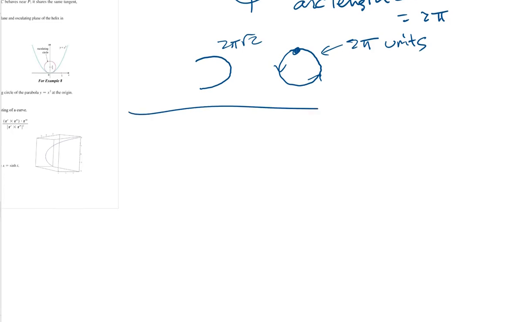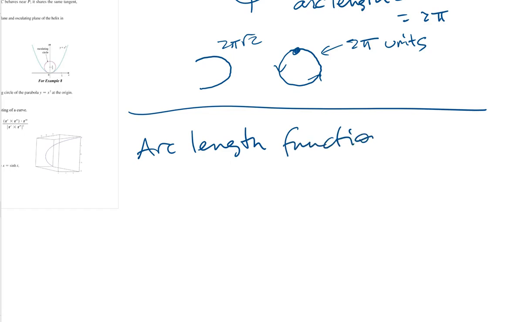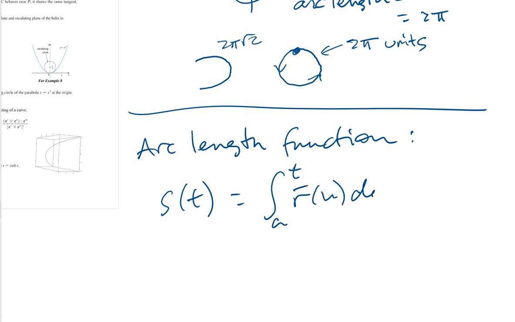Now, let's talk about what's called the arc length function. This is kind of like what you did in Cal 1, perhaps. It's the fundamental theorem of calculus part 1. That's what it was called there. So s of t is the integral from a to t of the length of r prime of u du. Now what I'm doing is I want to keep t as my variable, but my limits of integration contain a t.